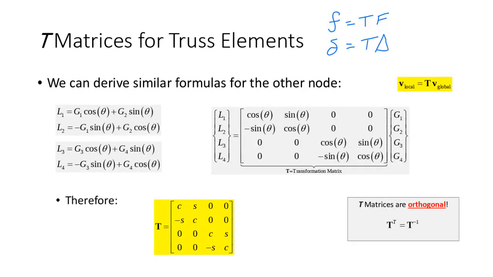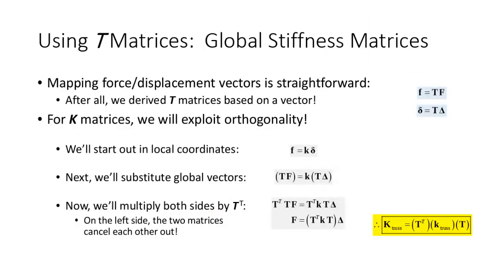But does that mean that the local stiffness matrix equals T times the global stiffness matrix? No, that does not mean that. Okay, and I'm going to show you why. It's really easy.